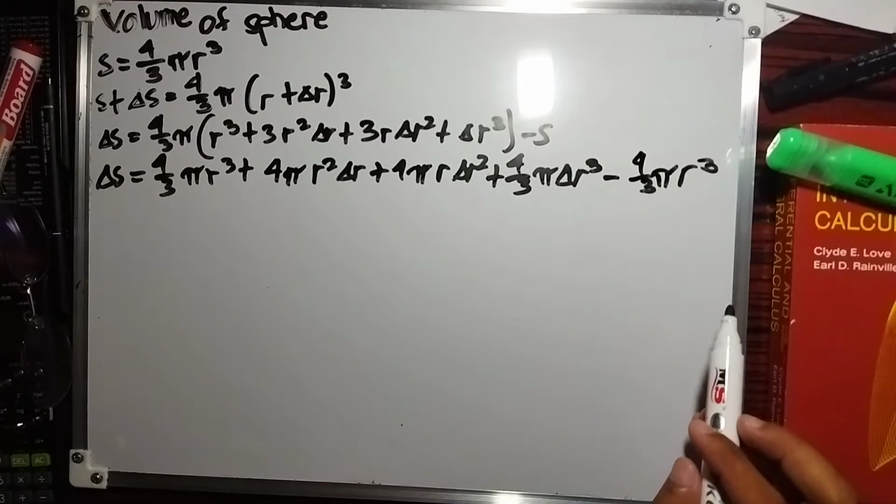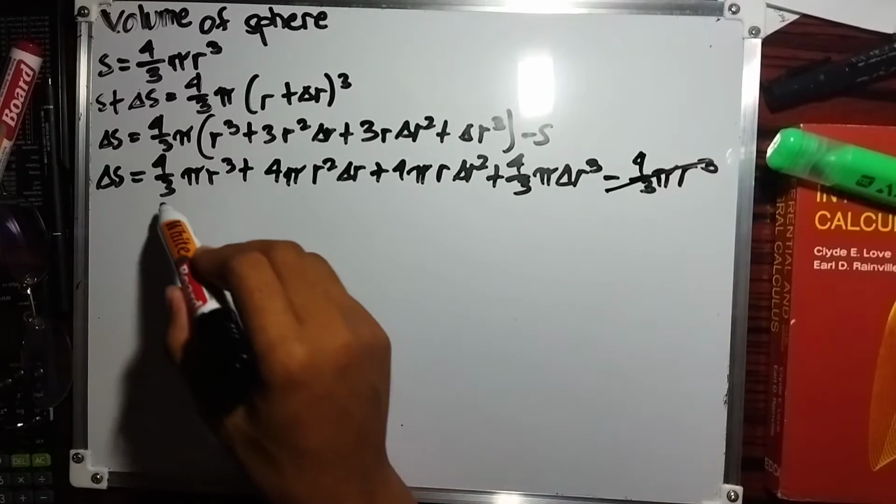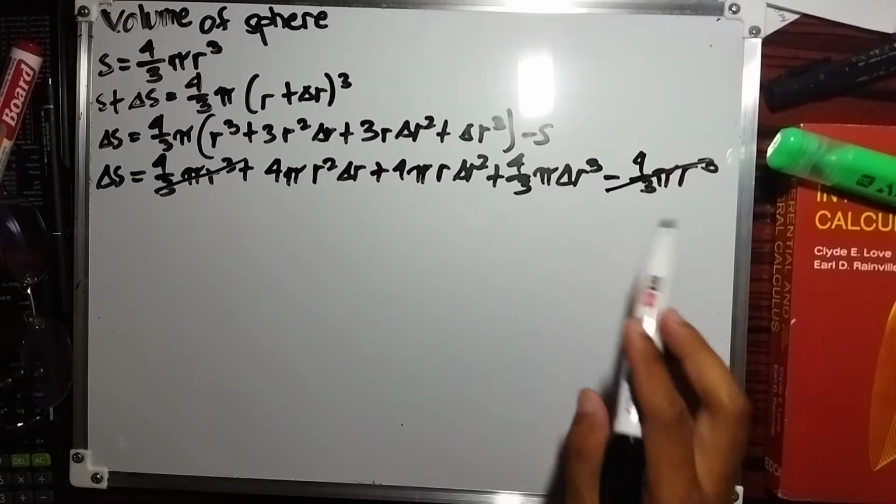So let's cancel the same terms, the unlike terms. So we'll be canceling 4 over 3 pi R cubed, the positive and the negative.